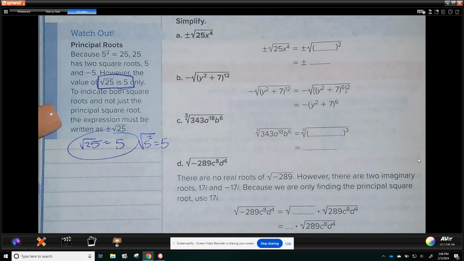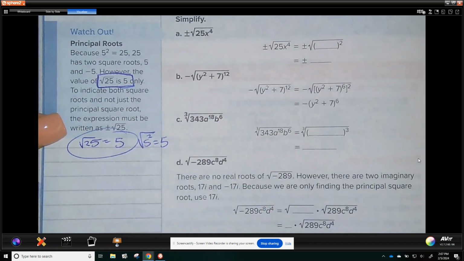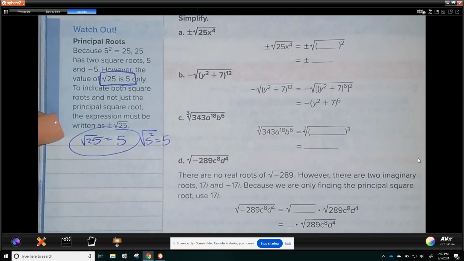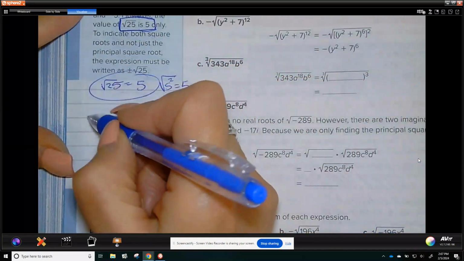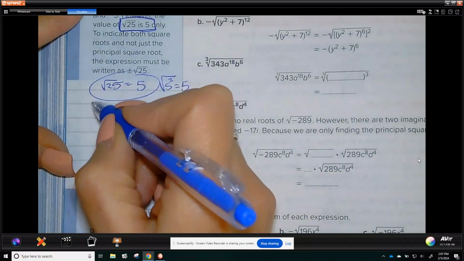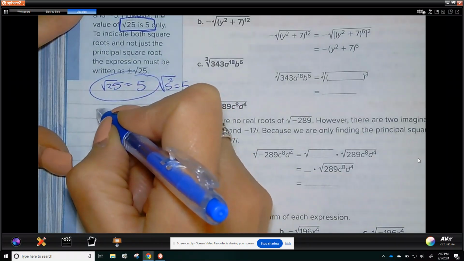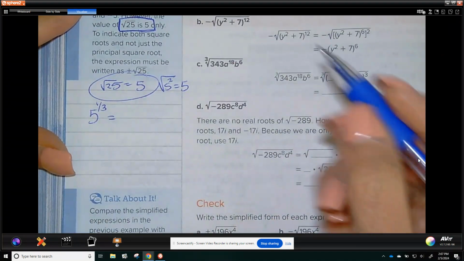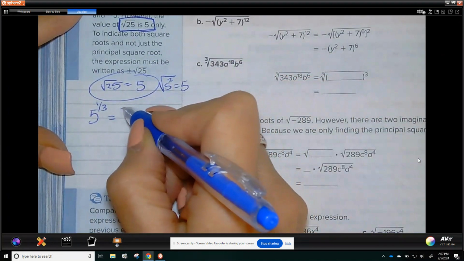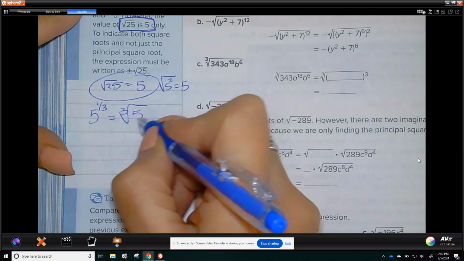I want to show you here before we go on what the radical symbol does to a power, an exponent. So here, if I have 5 to the 1/3, I don't remember which lesson I said, that's the cube root of 5.